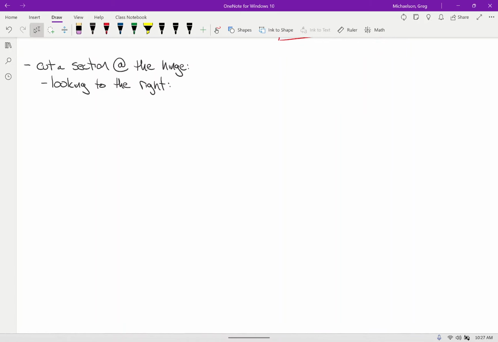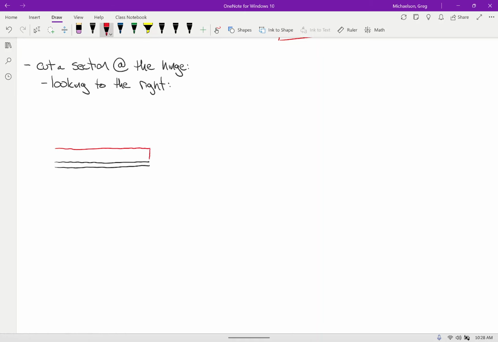Okay? So, here's what I'm going to do. Here's the beam. I am samurai sorting, looking to the right. So I'm basically going to redraw everything on the structure that's to the right of that cut. Okay? So what does it look like? Well, it looks something about like this. I've got this.